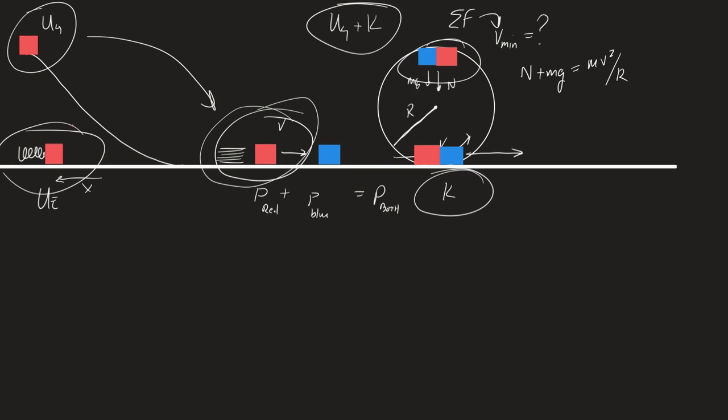And this problem looks a lot of different ways. This is one way that it looks. The other way this problem looks is instead of having a box on a track, imagine a much smaller box. Let me draw it different.